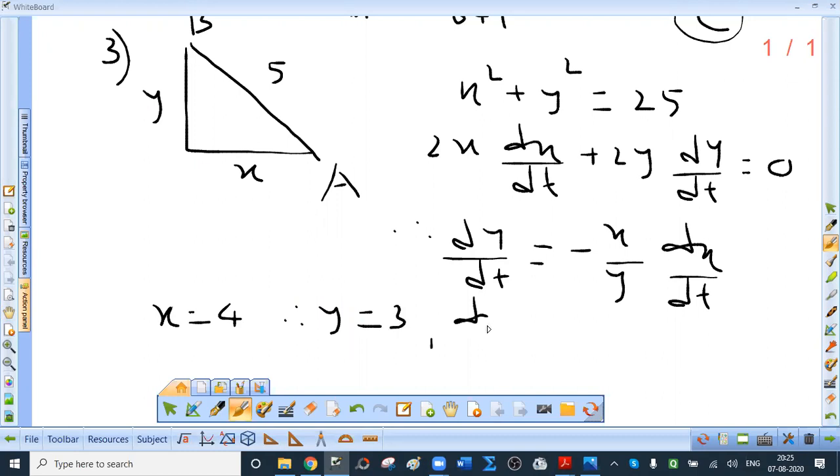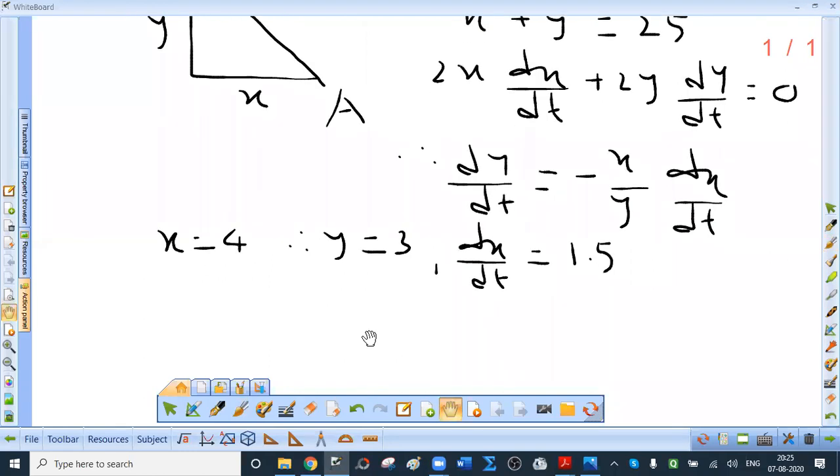Also, what is dx/dt? I think it is given to be 1.5. Substitute the values and tell me what is the answer. So this is minus 4 upon 3 into 1.5. So I think it is minus 2.